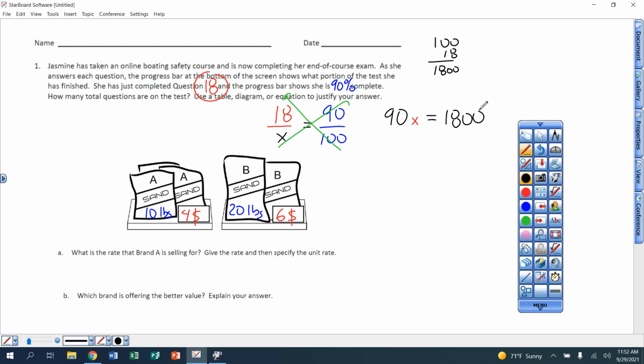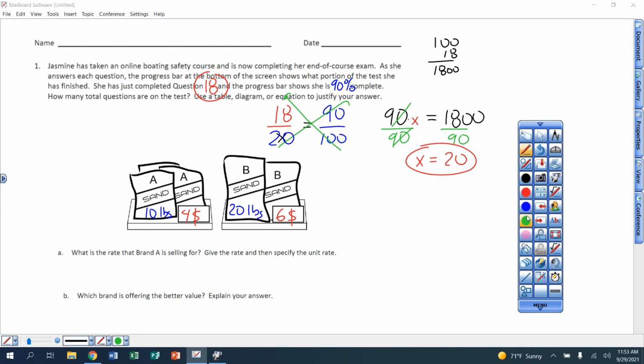At this point, you're timesing 90 times X, so the opposite, dividing both sides by 90. These will cancel away, and that X, if you divide the right way, 1,800 divided by 90, you'll get 20. So that means 18 out of 20 problems is 90%.